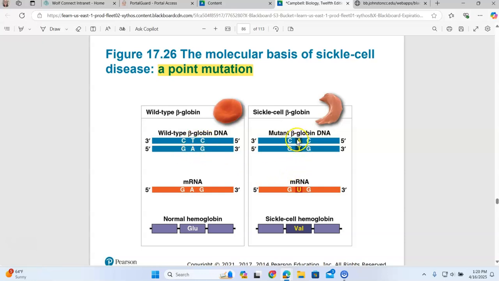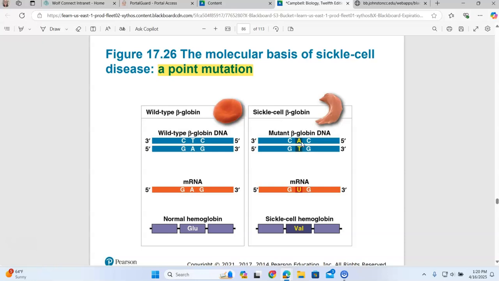During replication, there was a mistake, and there was a substitution where the original T in the top strand became an A. It was just a mistake that didn't get corrected during DNA replication, during the proofreading, and then there's a process after that. I can't think of the word, I'm sorry. But anyway, a mutation happened. So where there was supposed to be a T, now there's an A.